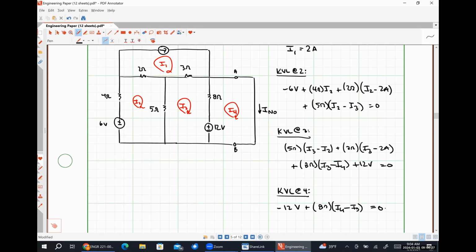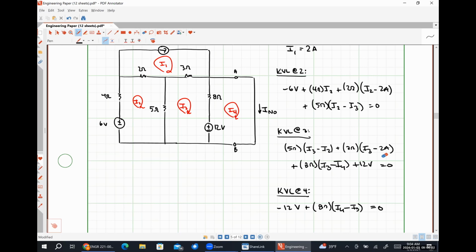I'm reading my handwriting correctly. Oh, and also minus 12. My apologies, I forgot that minus 12 at the end. So I have this current contributing a constant term, and this voltage contributing a constant term. I need to include both of them, or it's going to be wrong. So negative 6 minus 12.